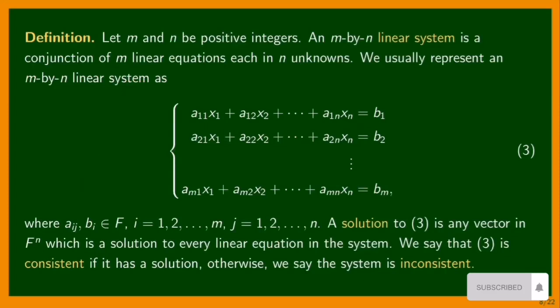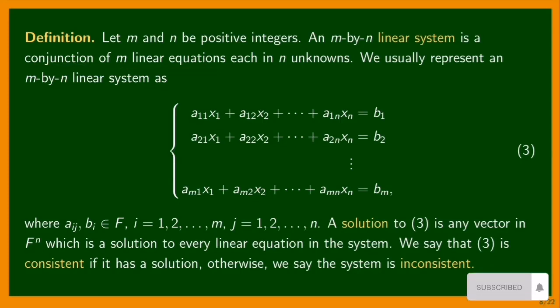Having defined a linear equation, we can now define what we mean by an m by n linear system. First, we select two positive integers, m and n. An m by n linear system is just a conjunction of m linear equations, each in n unknowns. Again, what do we mean by a conjunction?